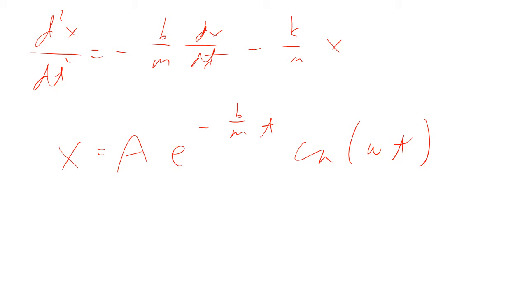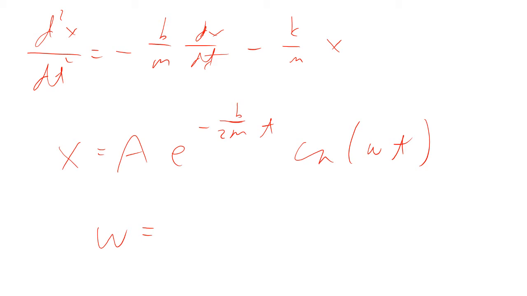Okay, so you plug this in and you realize it doesn't quite work. It comes really close to working, but it doesn't quite work. What does make it work is if you have a 2 right there. Now it's going to work, and omega turns out not to be the same omega we had before.